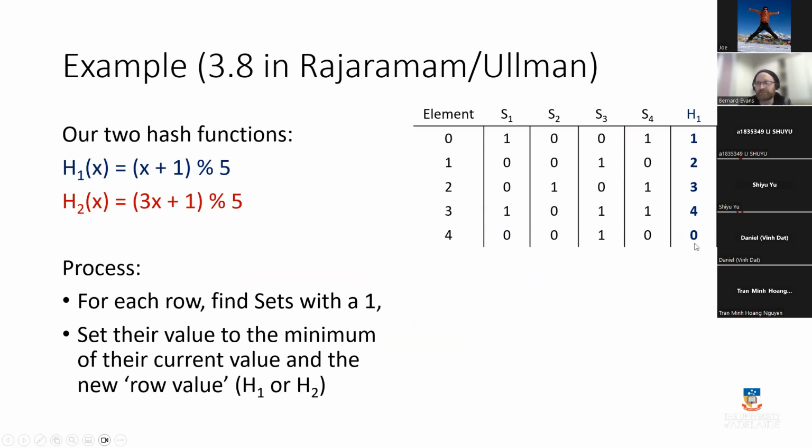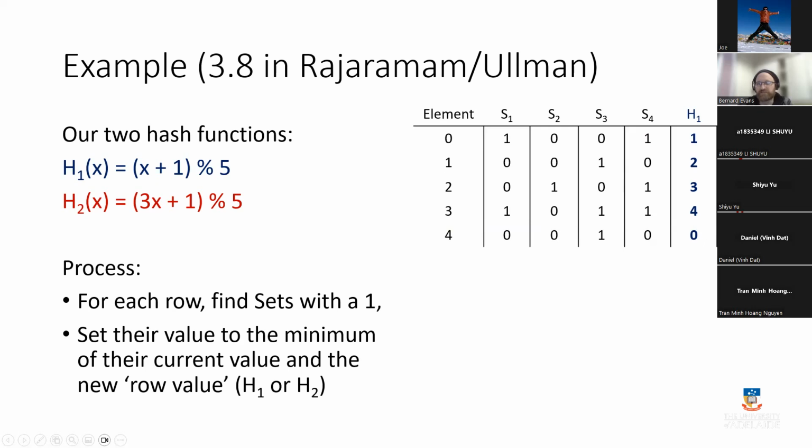Under hash 2, which is 3x plus 1, what would be the first row? What hashes to 0? 3 times 2, 3 times 3. Row 3. 3 times 3 plus 1 is 0, hash 4. So if I go to row 3, I can see that hash of 2 is also 0. So for hash 1, row 4 is 0.